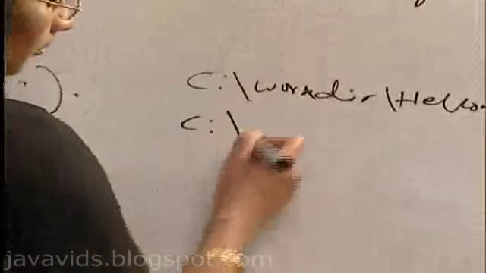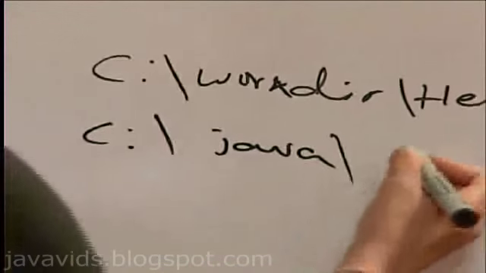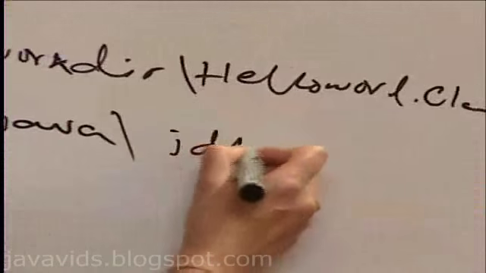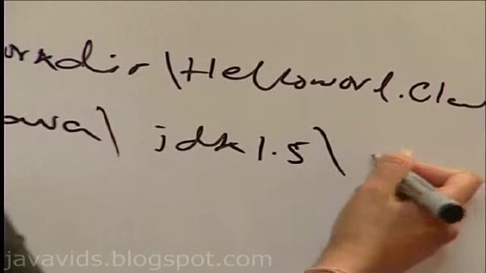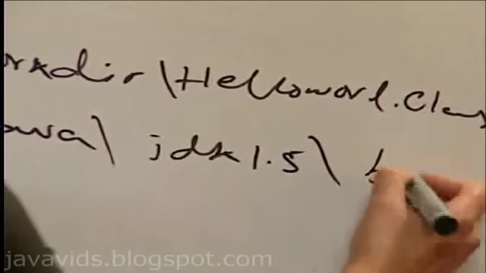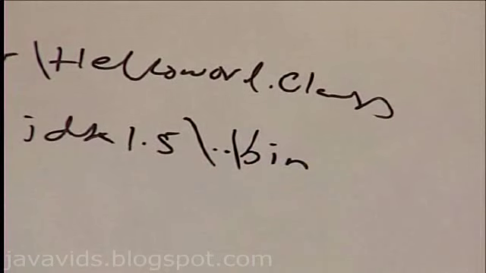Let's assume that under the C drive you have the Java directory. Under that you might have your JDK. You have your bin directory under JDK. So specify the path to that bin directory.